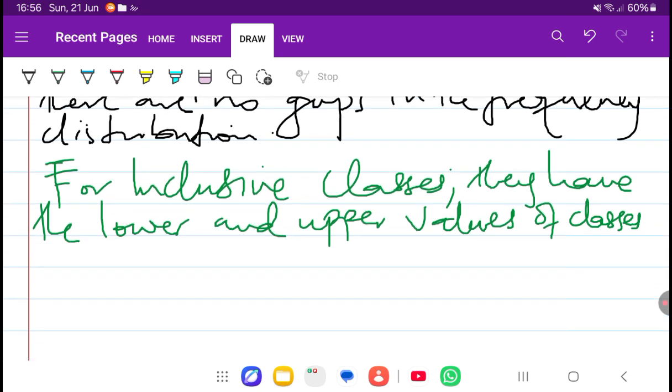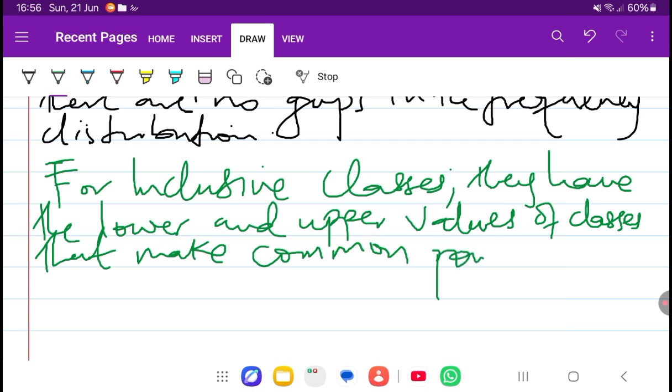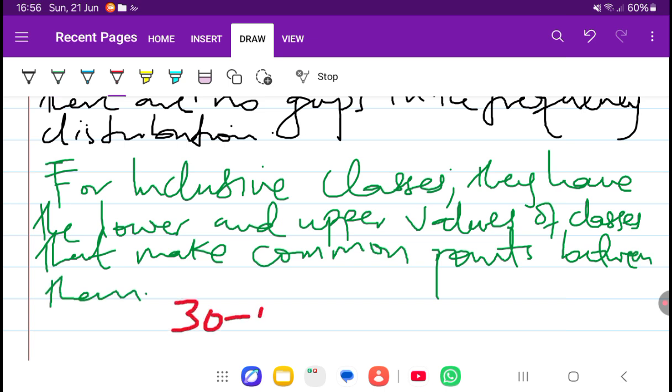The word is common, meaning they are similar points between them. We are going to look at them.